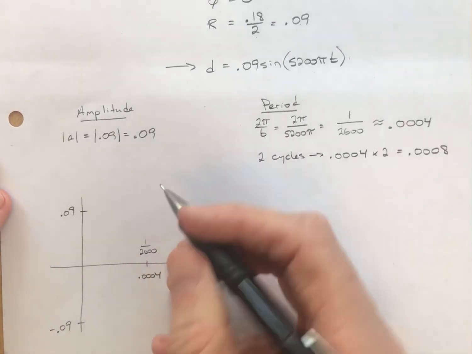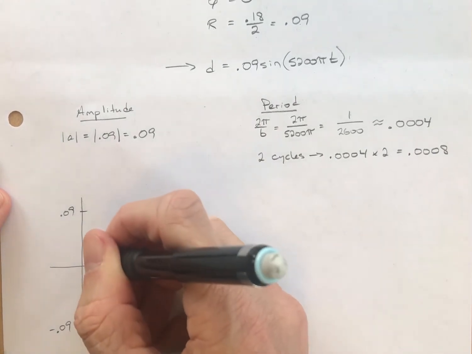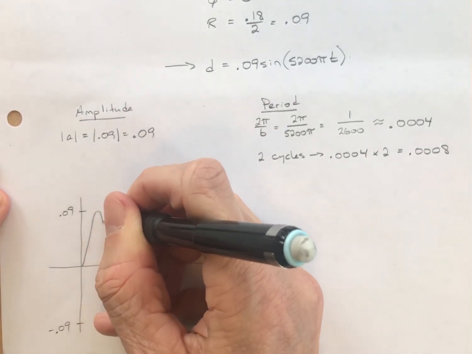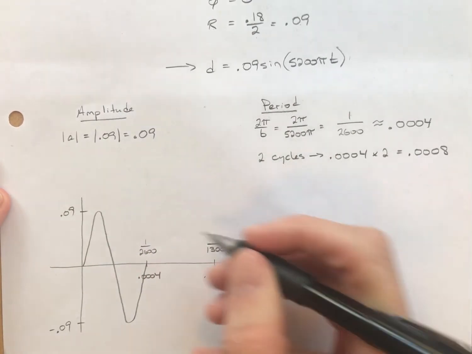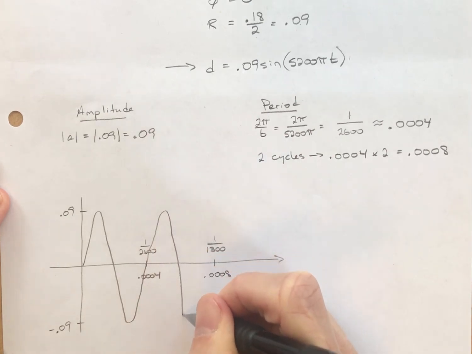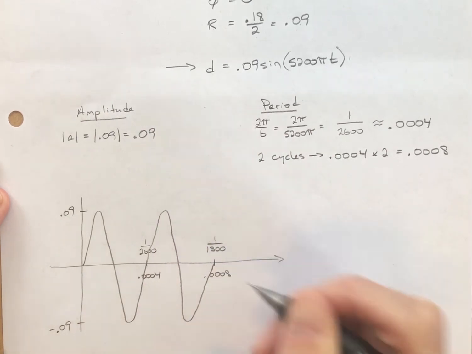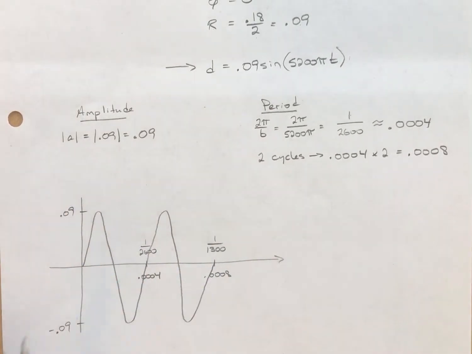Okay, it's a sine, so we want to draw a period and then another period between these two. So up, down about halfway, and then back to here. That's 1 period. And then up to 0.09, down through the middle, and back here. That's the 2nd period. We could, of course, stretch a little bit or do whatever, but I just try to kind of do my scales that way.